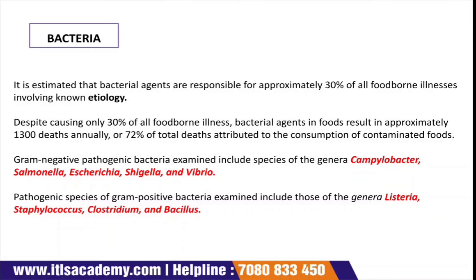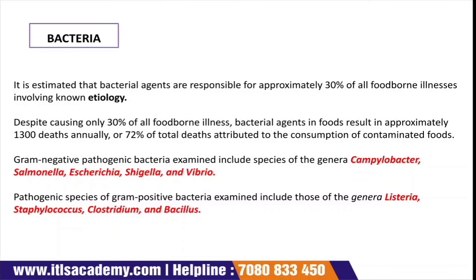That is the reason I told you that among six people, one person dies because of foodborne illness. And here also it is written that 72% of the total deaths are attributed to the consumption of contaminated food.